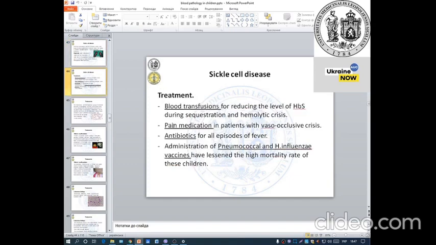Treatment of sickle cell disease includes blood transfusion for reducing the level of sickle hemoglobin during sequestration and hemolytic crisis, painkillers in patients with vaso-occlusive crisis, antibiotics for all episodes of fever, and vaccination against pneumococcal and Haemophilus influenzae infection.